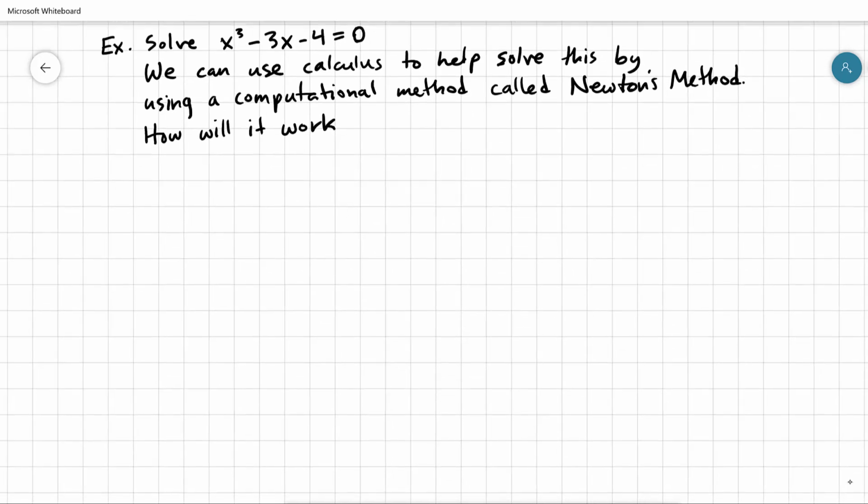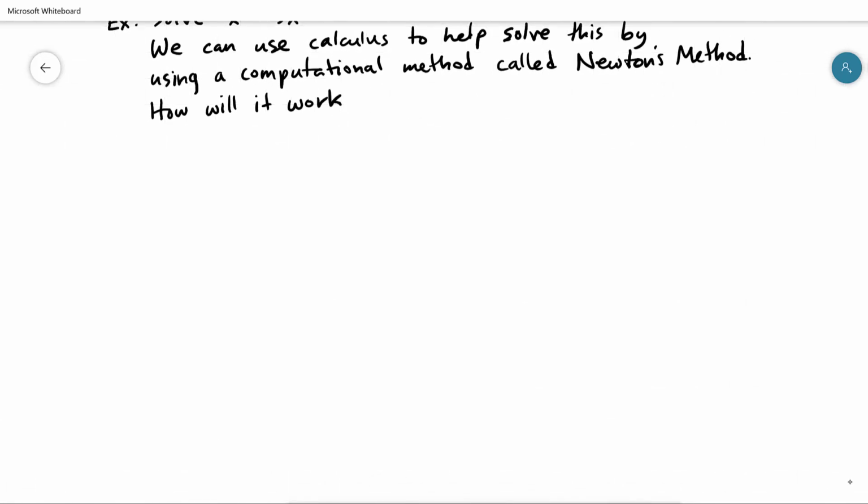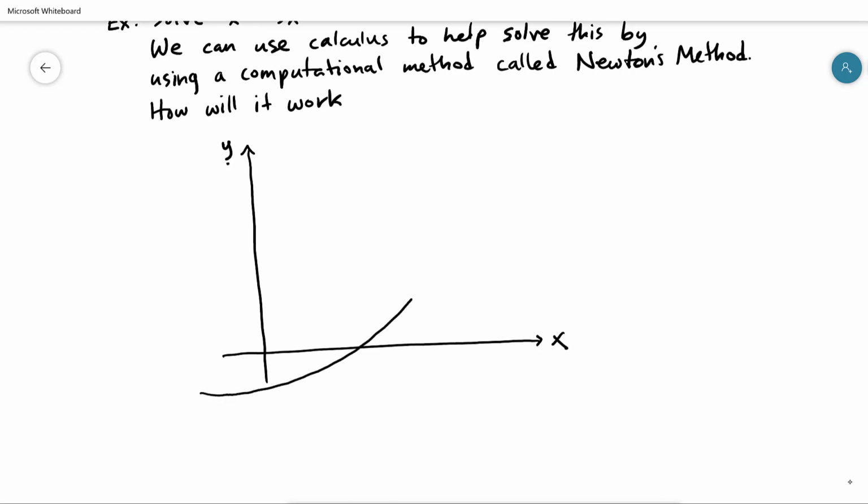Let me give myself a little room here and draw a graph. Imagine this is a function that we're dealing with. So here are the x and y axes for this thing. And we've got a graph that looks something like this. Here's our function over this region, some y equals f of x. The way that we're going to solve this is to think about what it means graphically to solve it.